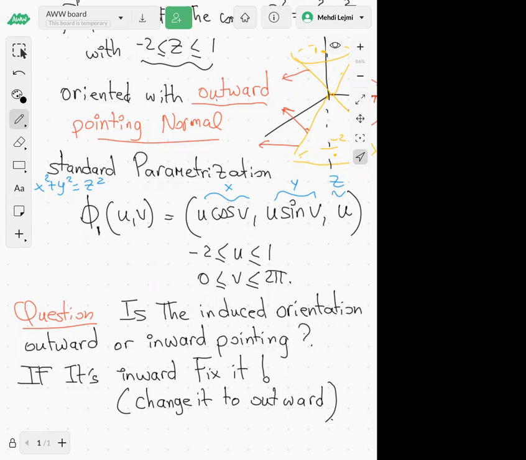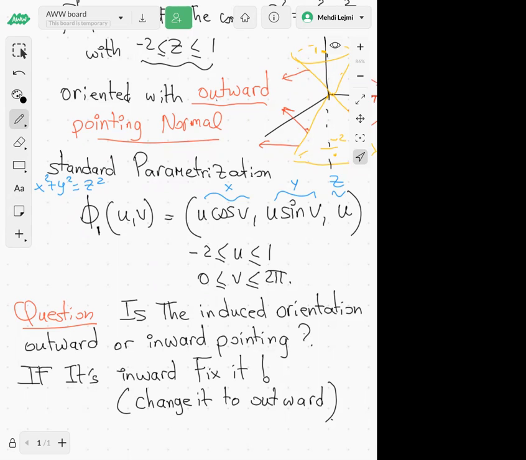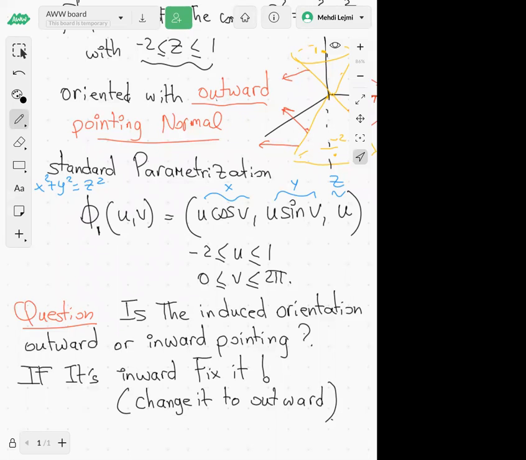I've got the vector 0, -1, 1. I picked up the point u equals 1 and v equals pi over 2. Okay, so 0, negative, at which point?